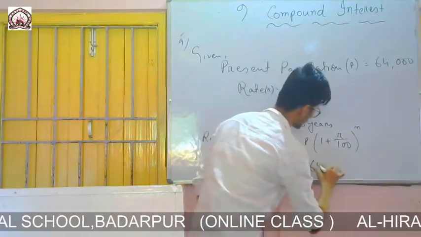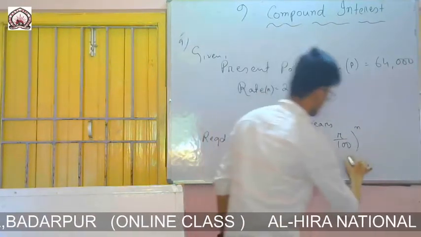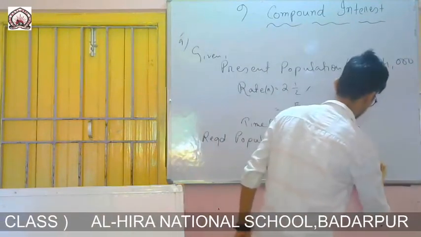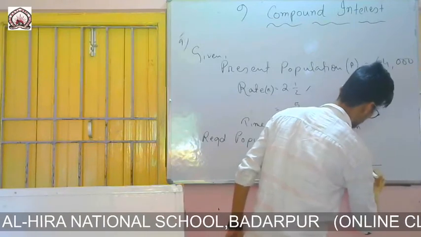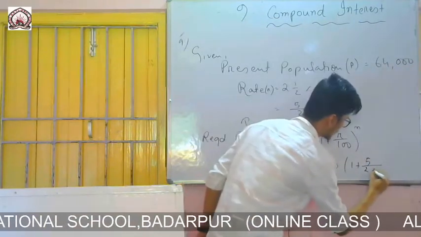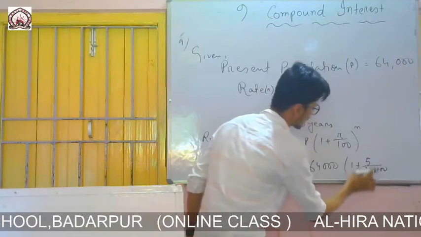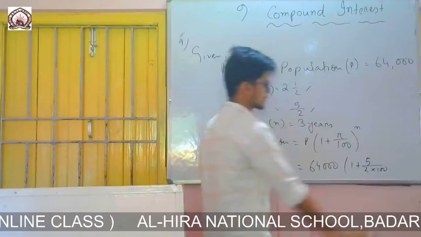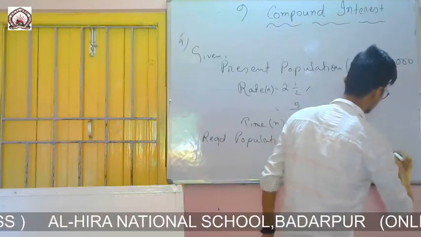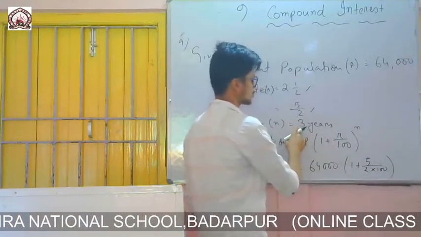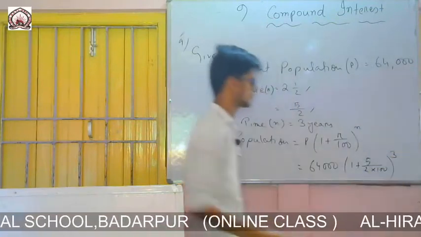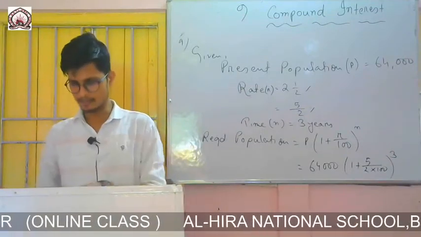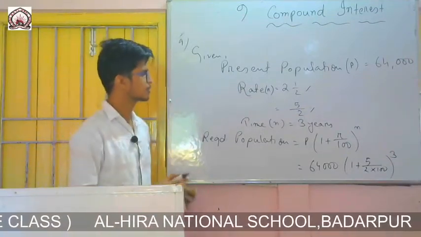P is 64,000, 1 plus R; rate is 5/2, so I will write 5 here and 2 below, and 100 is there. 5/2 into 100 to the power n, n is 3 years, so I will put 3. 64,000 into 1 plus 5/2 into 100, whole thing cube.